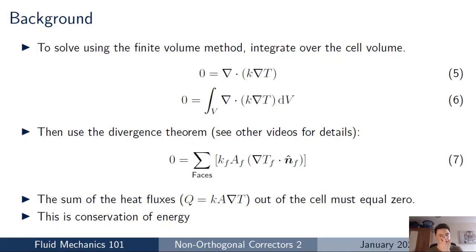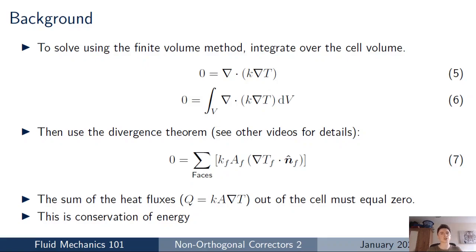The place that we get to is equation 7, where we have a summation over faces of the term in the square brackets. We've got the thermal conductivity, k, the area of the face, and then the dot product of the temperature gradient and the unit normal vector pointing out of the face.